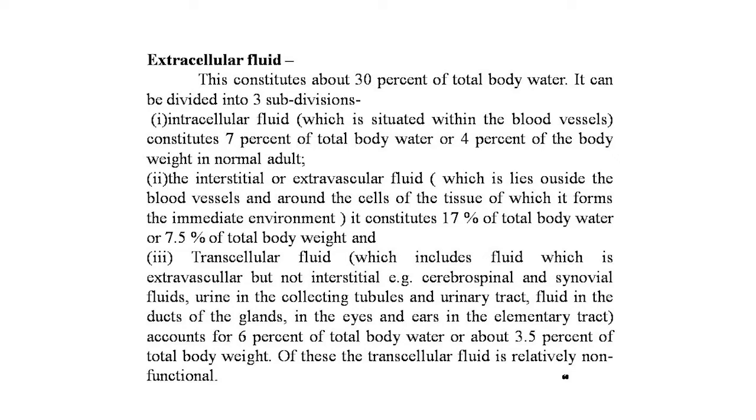And the transcellular fluid, which includes fluid that is extravascular but not interstitial, that is the cerebrospinal and synovial fluid, urine in the collecting tubules and urinary tract, fluid in the ducts of the glands, in the eyes and ears, and in the alimentary tract, accounts for 6% of total body water and about 3.5% of total body weight. Of these, the transcellular fluid is relatively non-functional.